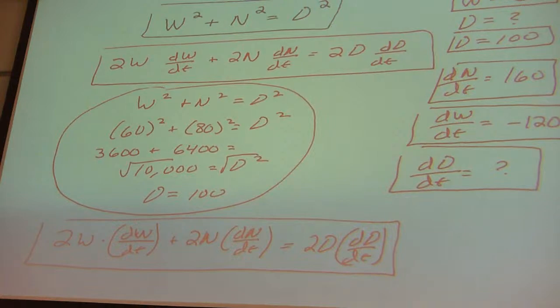So we fill in all the stuff we know and then solve for what we don't know. So you've got that last equation, plug in everything you know and solve for what you don't know.